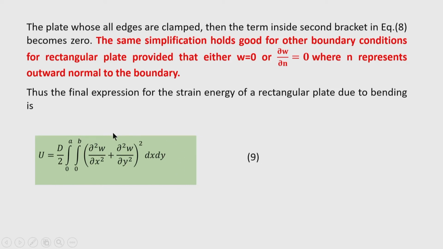Now, in case of, say for example, a beam problem, where D is flexural rigidity in case of plate, but in case of beam D may be replaced by EI, and the curvature in the other direction, this width direction, is ignored in case of beam, or also in case of plates which are very long.